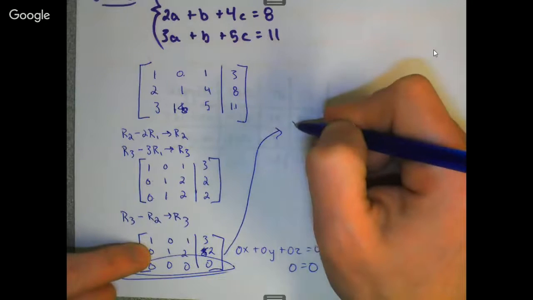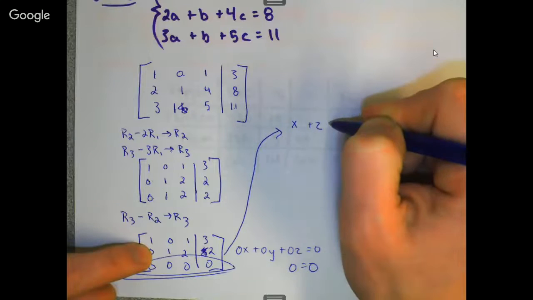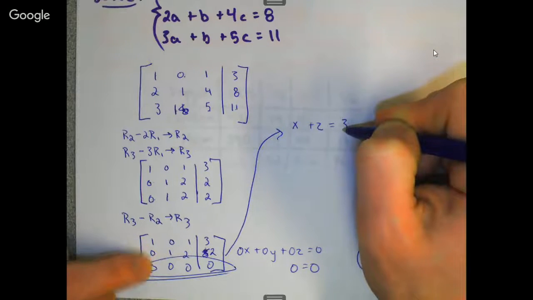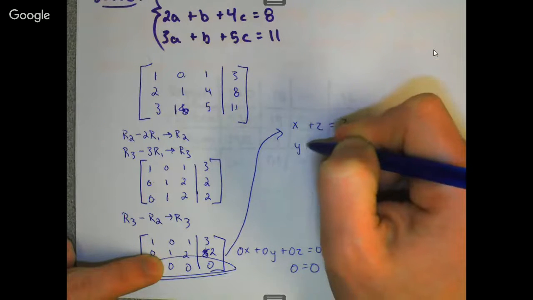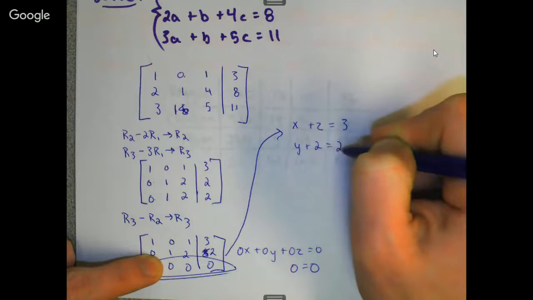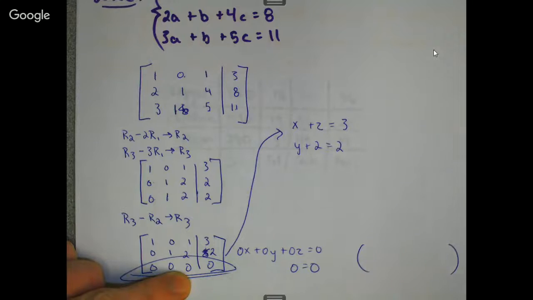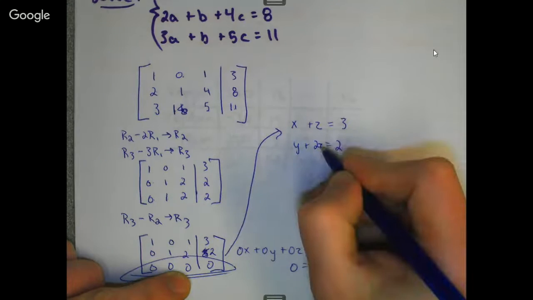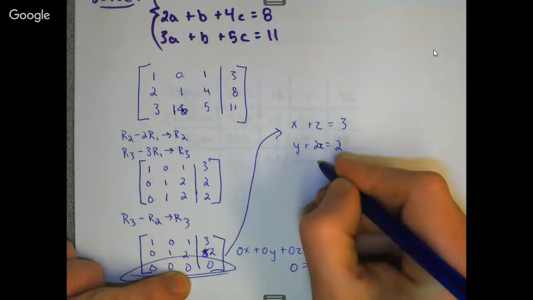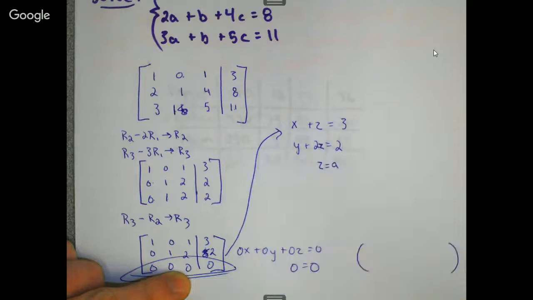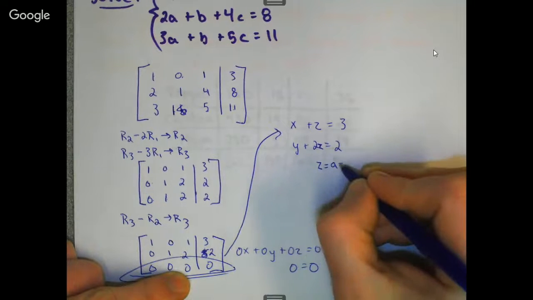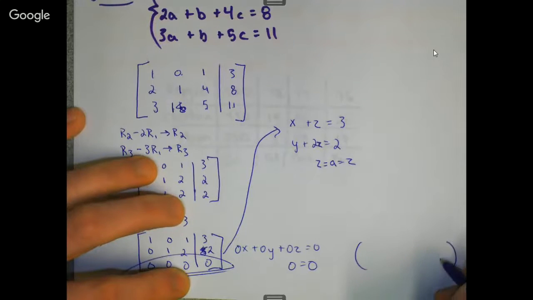I've got x plus z equals 3. I have y plus 2z equals 2. And this last one, okay, is kind of like the variable one we do. So we can say z equals a, or if you want to use z equals z, it doesn't matter. So we'll put an a right here.